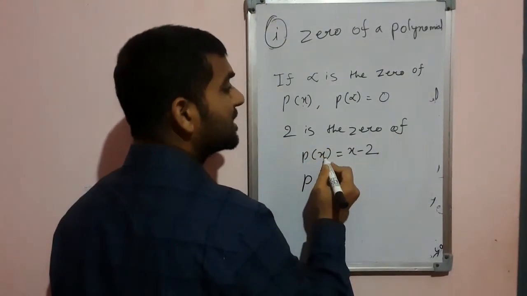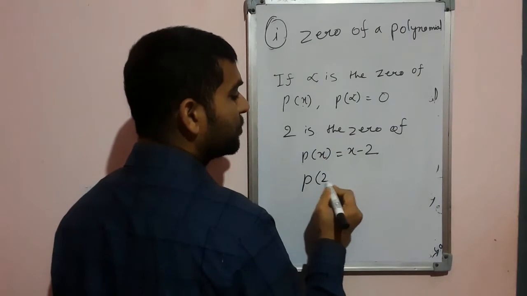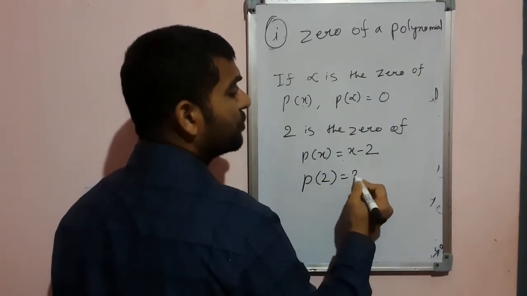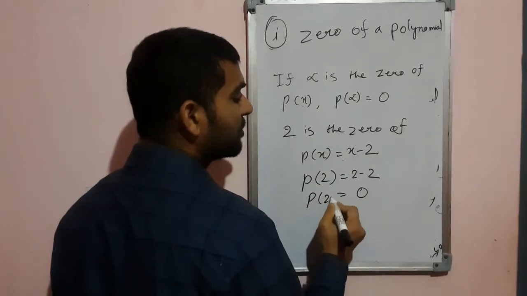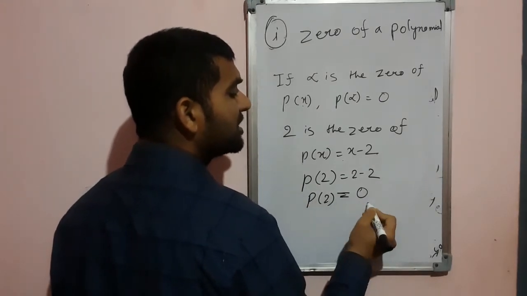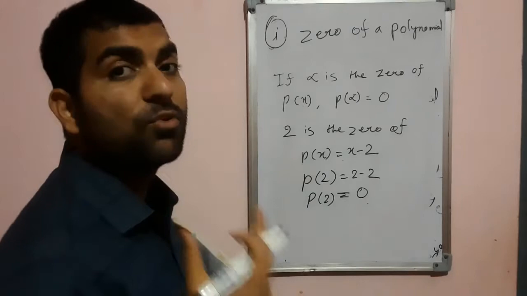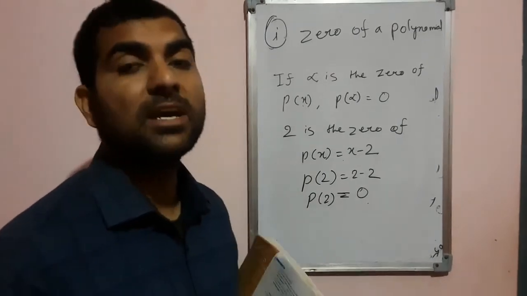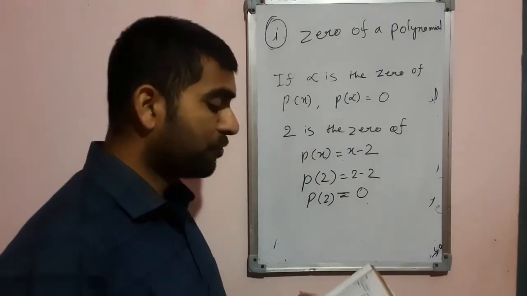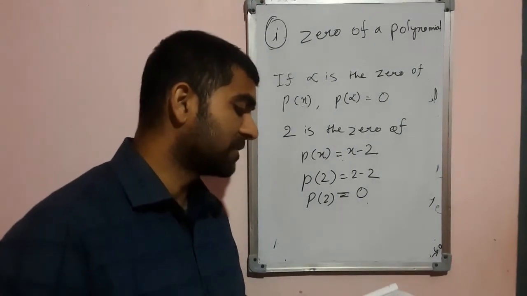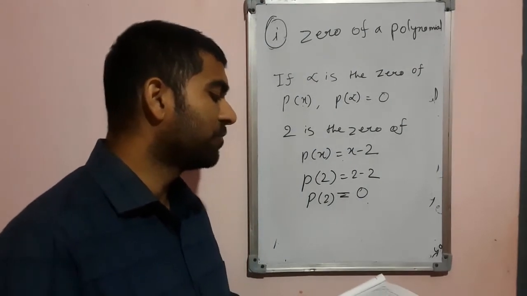I am putting 2 in place of x. You will get 2 minus 2, which is 0. So we got p(2) equal to 0. Once we got 0, we call it a zero of the polynomial. I hope you are clear with the concept. Now we will move to the exercise.